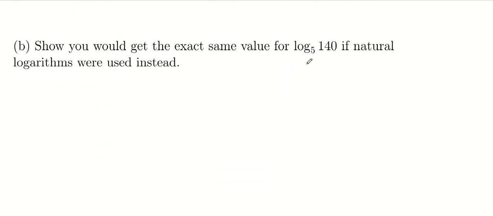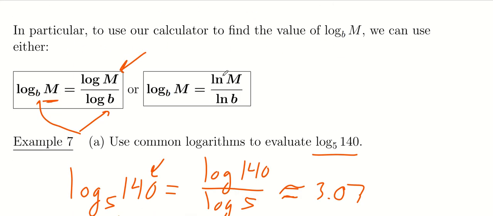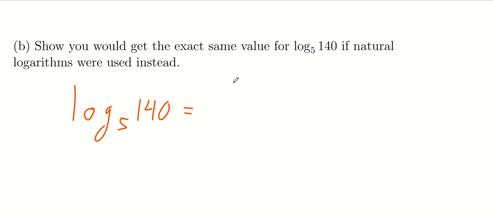Let's show we would get the same thing if we instead used natural logs. If we did log base 5 of 140, according to the change of base formula, this would be equivalent to the ln of the value divided by the ln of the base. So this would be the ln of 140 divided by the ln of the original base, which is 5.